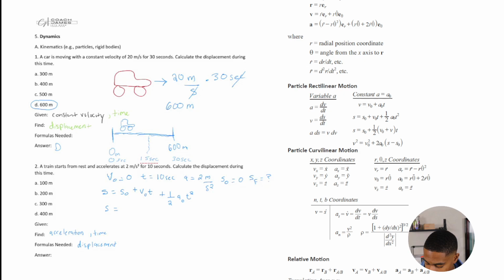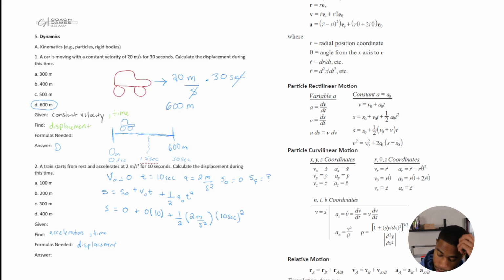S is equal to 0 plus 0 times 10 plus 1/2 times our acceleration, which is 2 meters per second squared, times what's T? 10 seconds. And we're going to square that.